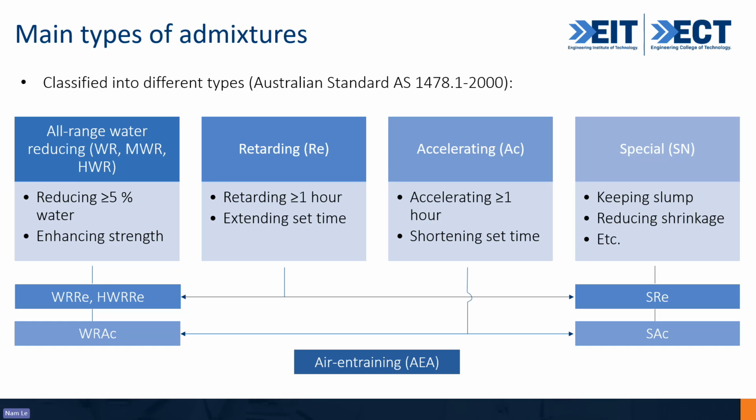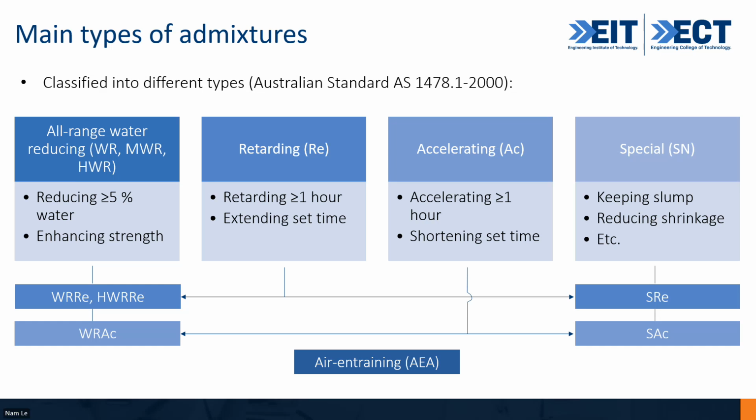Or sometimes in winter time, it's too cold, and then we need something to accelerate the hydration of the concrete, so we can use the accelerating admixture, right? That one is very generic about the types of admixtures.